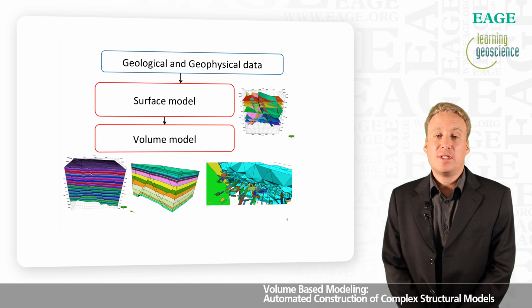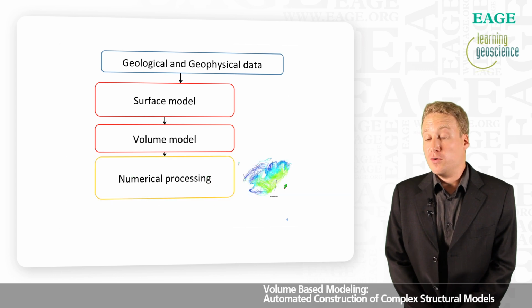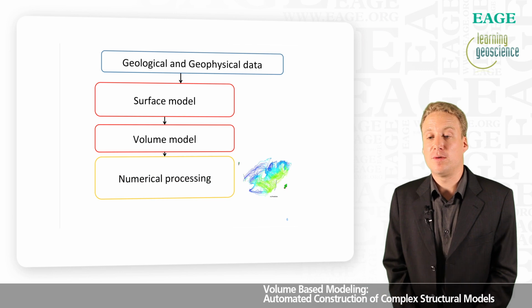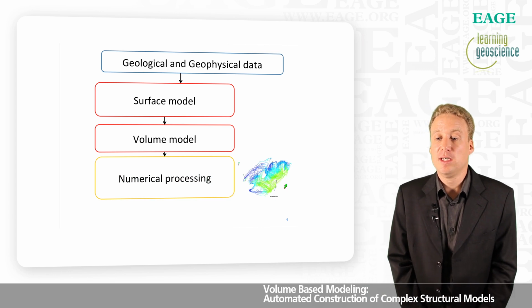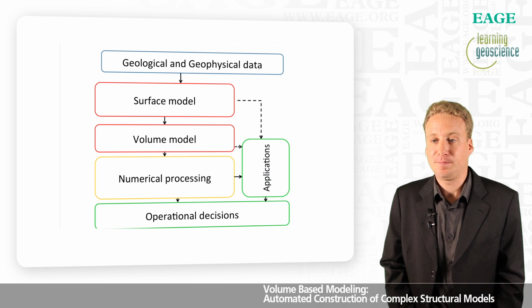These volume models are traditionally used in several numerical processing algorithms, like flow simulation, for example. And the results from these numerical processings are used to take some operational decisions.